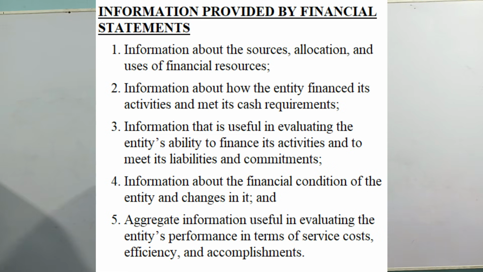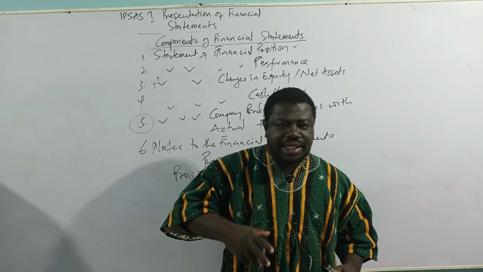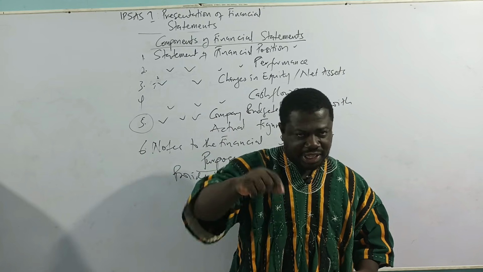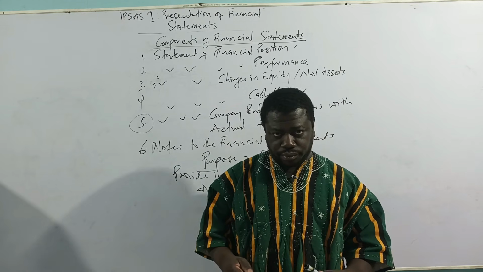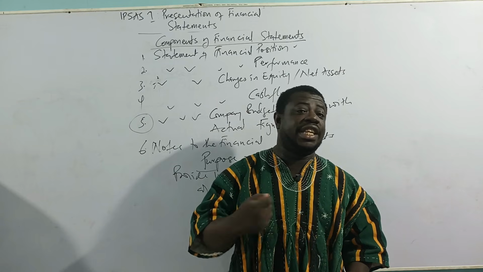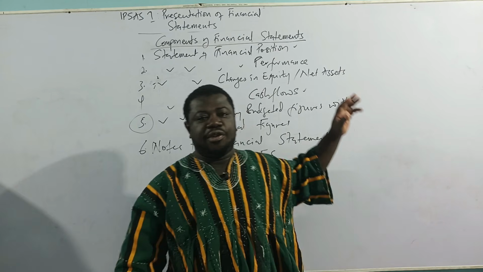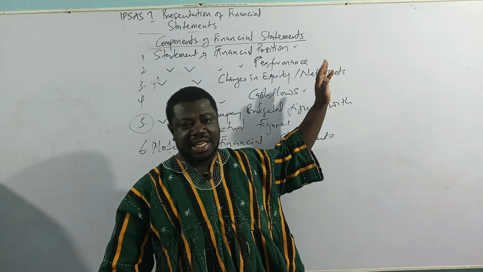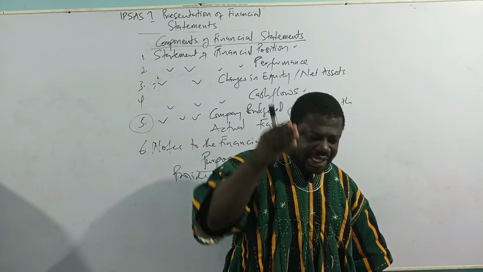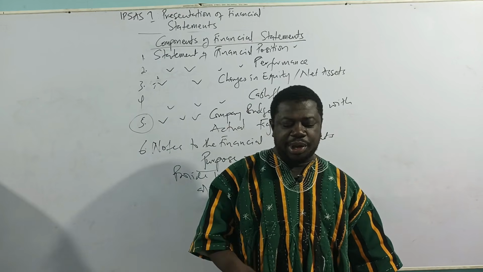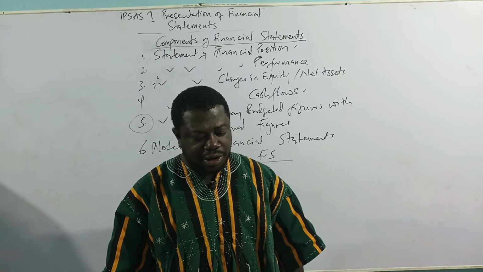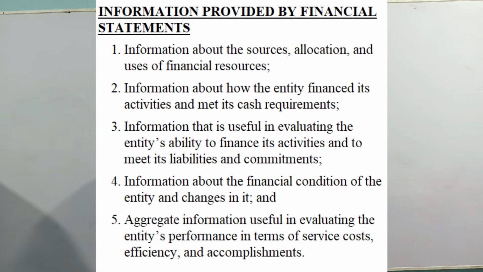So these are some information that, according to IPSAS, your financial statement should provide as part of achieving its purpose of providing information on financial position, performance, and cash flow. I'm putting it again on your screen for the final time so that you take note.